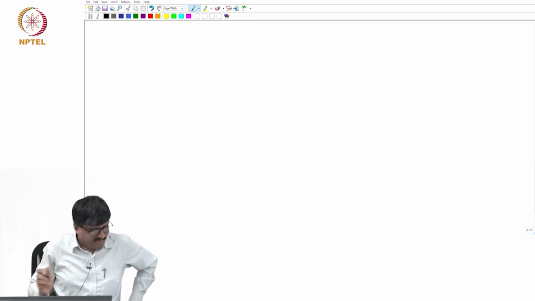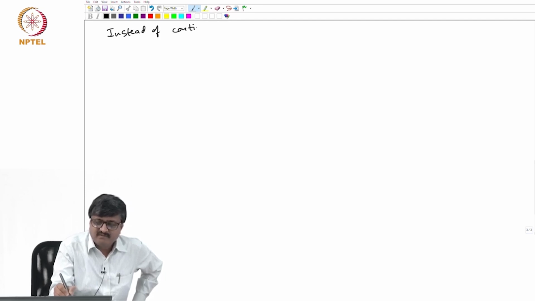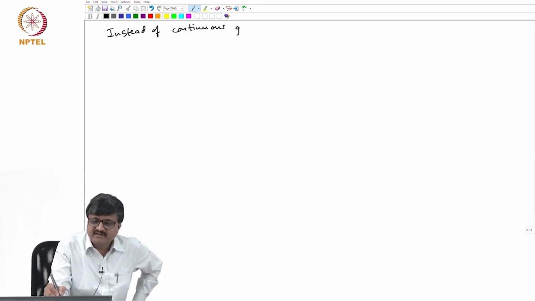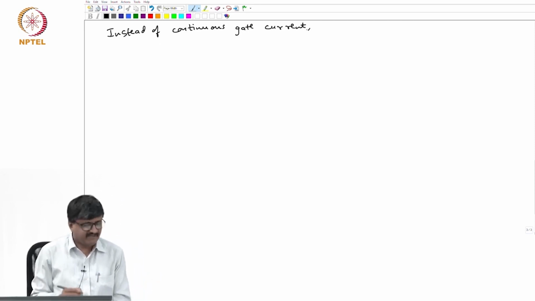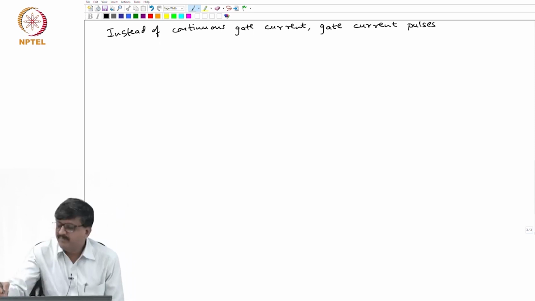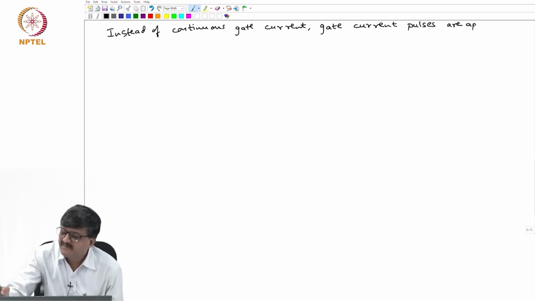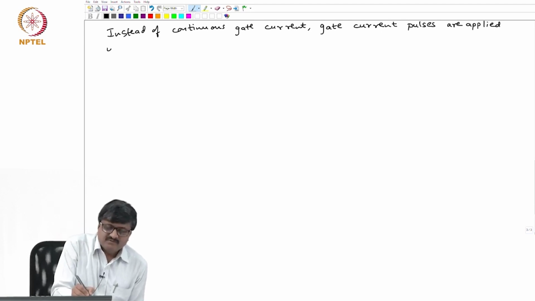So, what we do is, instead of continuous gate current, what is actually done is gate current pulses are applied which are delayed by an angle.